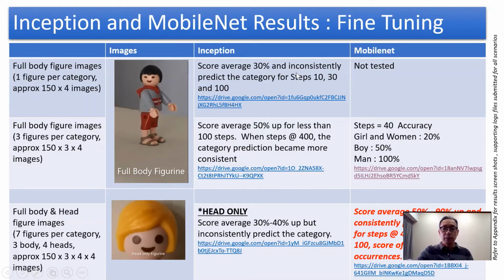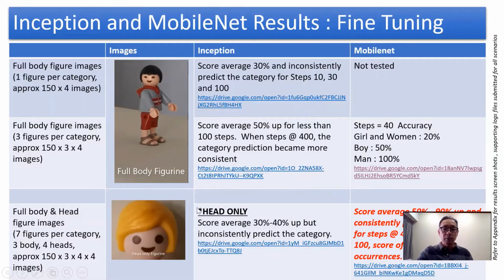The predictions were also inconsistent, whether it's boy, girl, man or woman. I increased the number of figures to 3, so the score went up a bit, 50%, but for less than 100 steps. When I increased to 400 steps, the prediction became more consistent, but again, the score was very inconsistent, and it took a long time to run, the 400 steps for the full body.